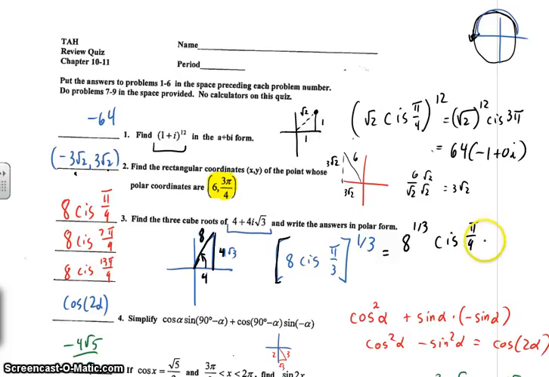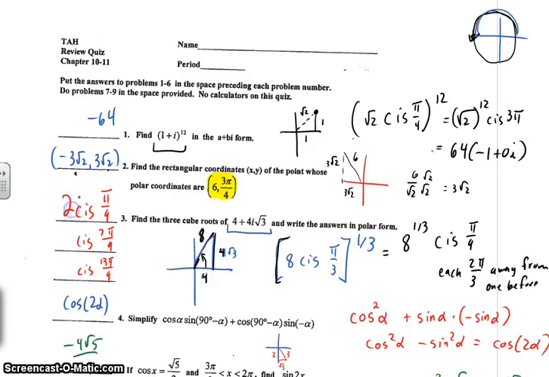Each one will be 2 pi over 3 away from the one before. So 2 pi over 3 is 6 pi over 9. So if I have 8, oh, this is not 8, these are all 2.